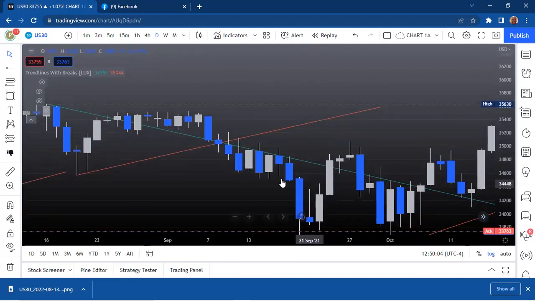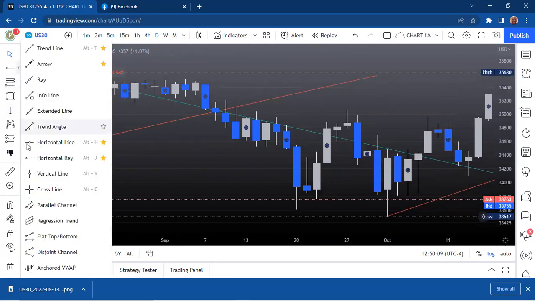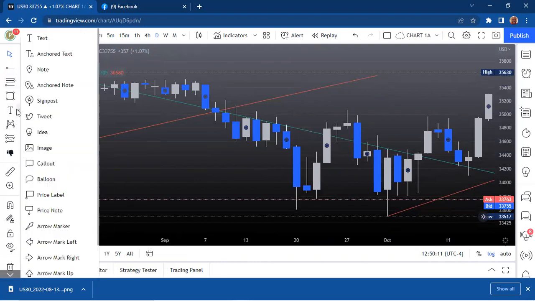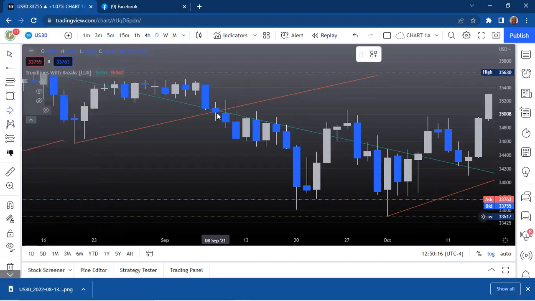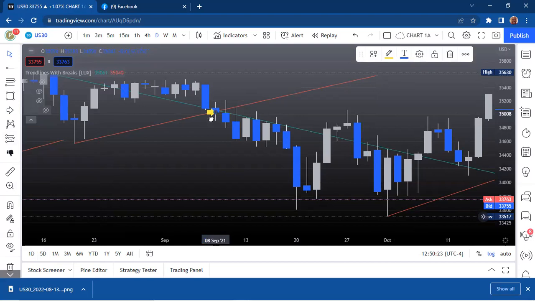Right there. This is the green line. It broke the red line. Look at the red line. It came down and broke the red line.